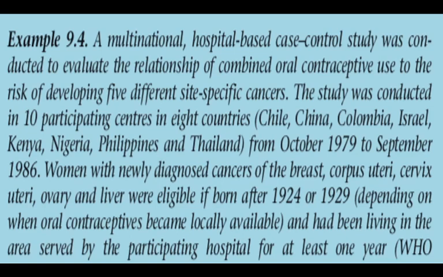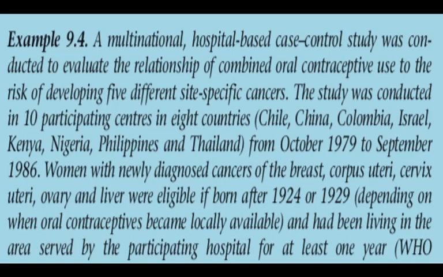So it's a large study. Now, women with newly diagnosed cancers of breast, uterus, cervix, ovary, and liver were eligible. Okay, and depending upon the use of oral contraceptives which were locally available, these patients were being induced.